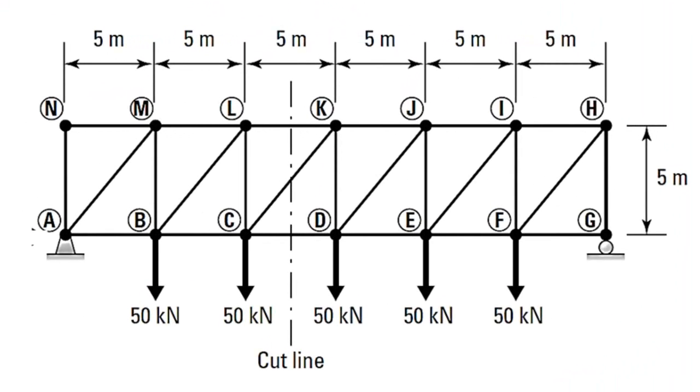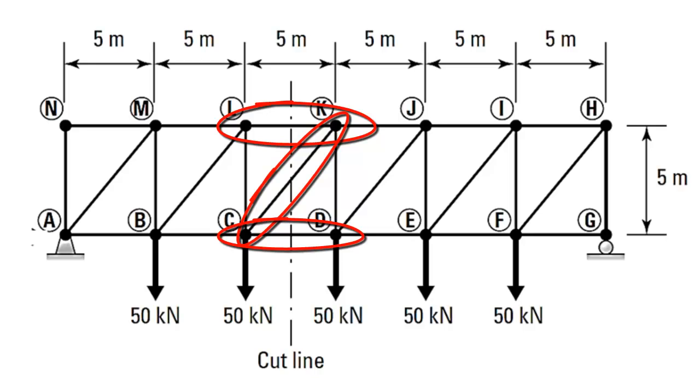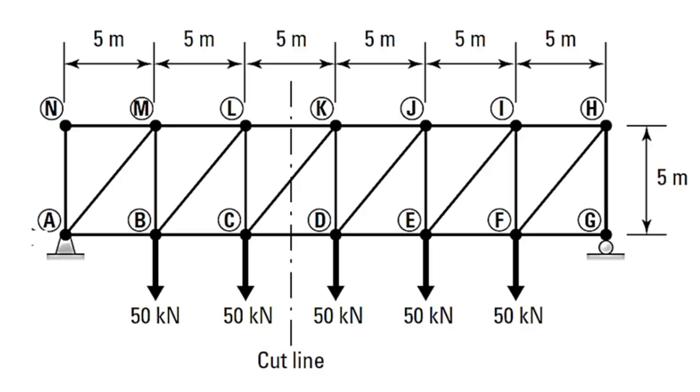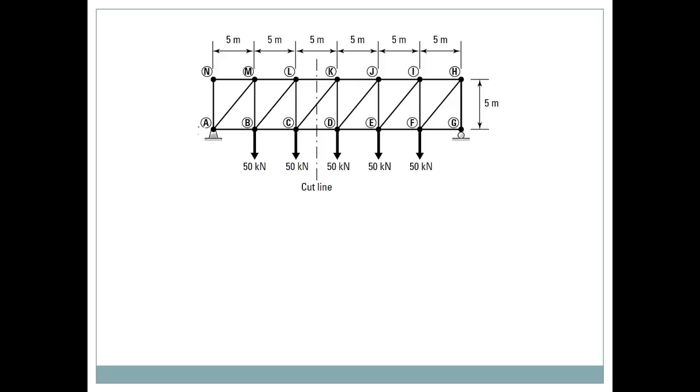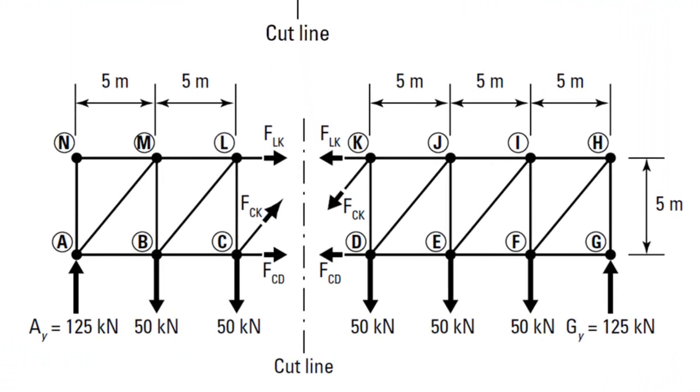So let's take a look here. We have this truss. Imagine if you want to find the forces in all of the members. Okay, method of joints again. But what if I told you I'm only interested in the forces in members LK, CK, and CD? You can see there is a cut line through these members. So I'm going to cut through the members I just mentioned and expose the forces inside them.